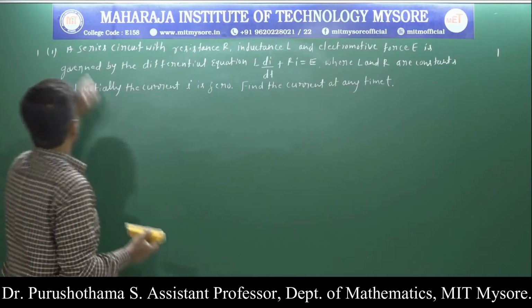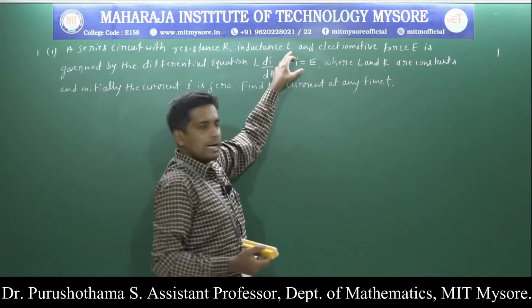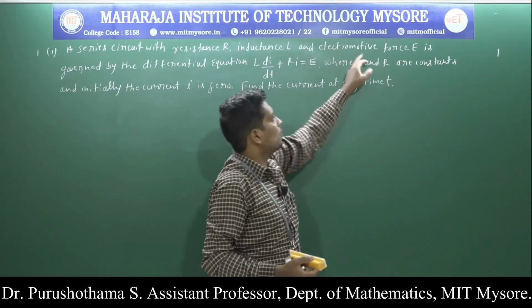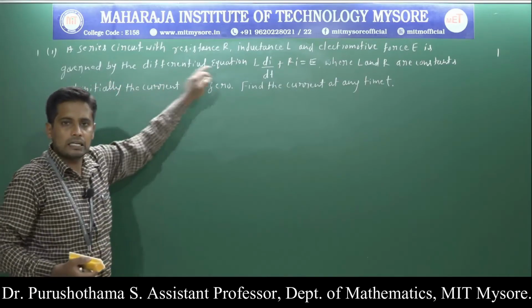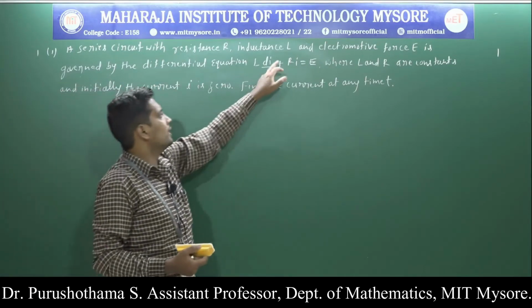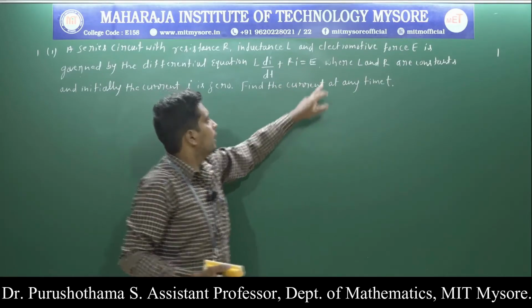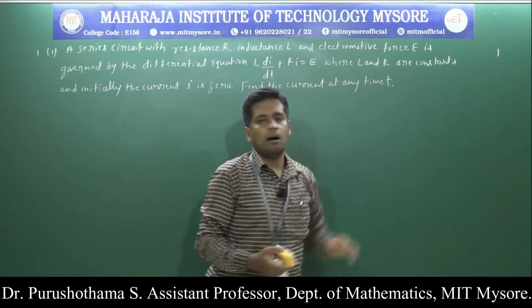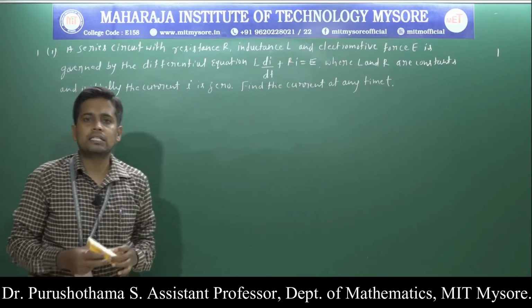The question is, a series circuit with resistance R, inductance L and electromotive force E is governed by the differential equation L into di by dt plus R into I is equal to E, where L and R are constants and initially the current is 0.